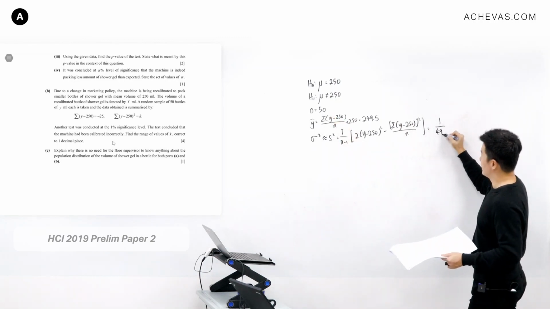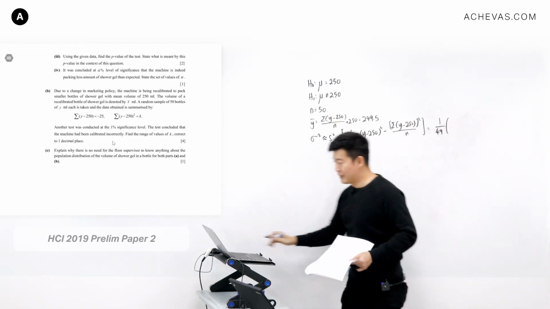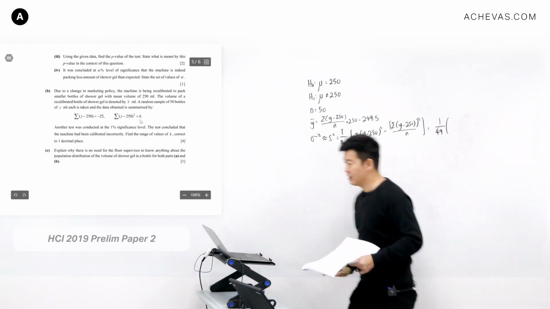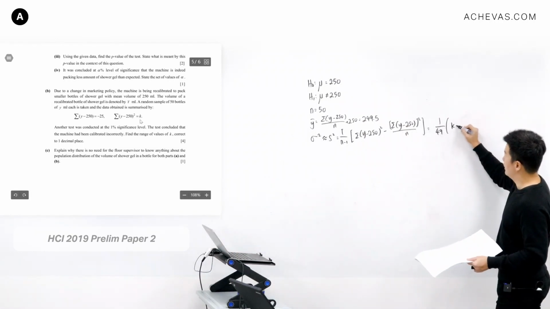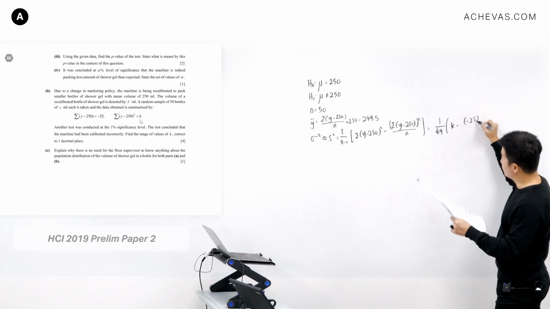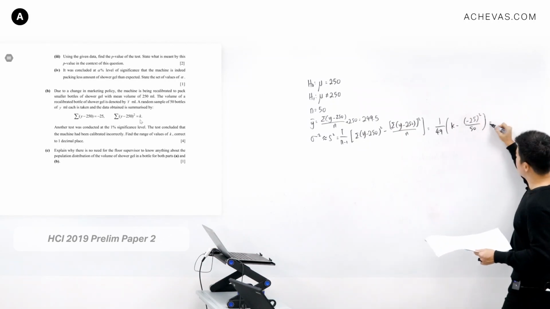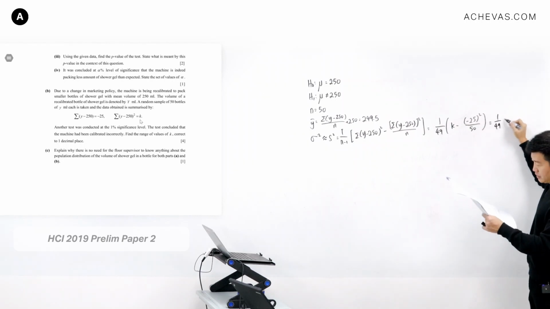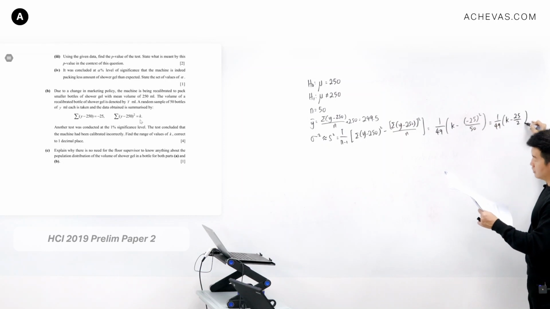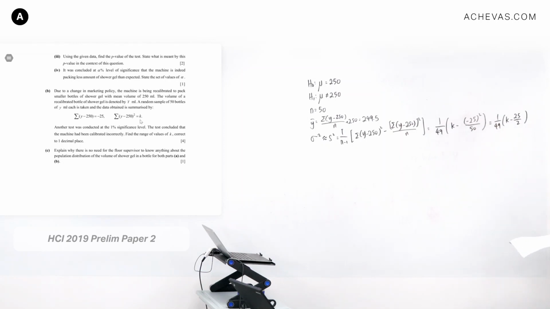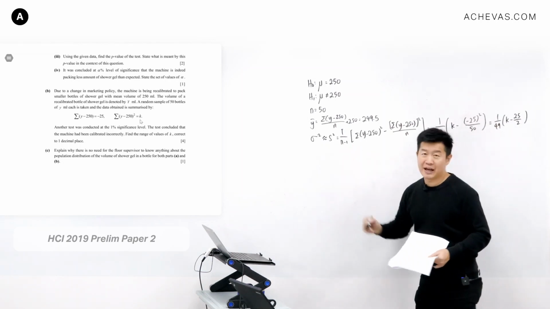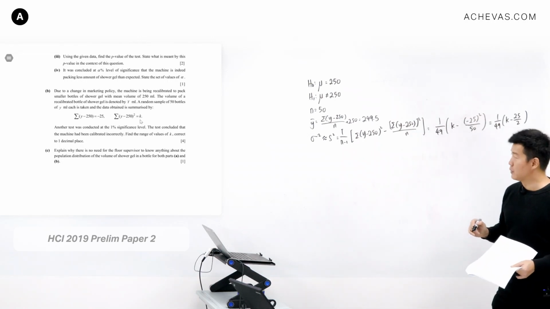So this is 49. Then the summation of y minus 250 squared, this is k. So we have k minus 25 squared over 50. And this is how I derived the 1 over 49 of k minus 25 squared over 2. This is my unbiased estimate of the population variance.